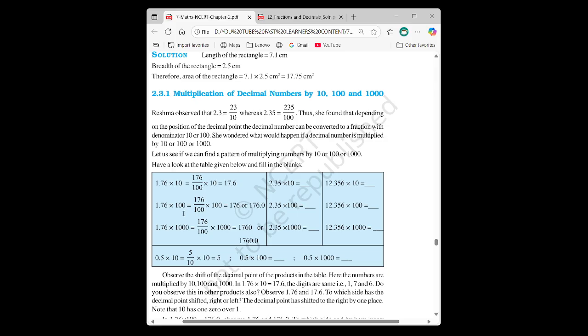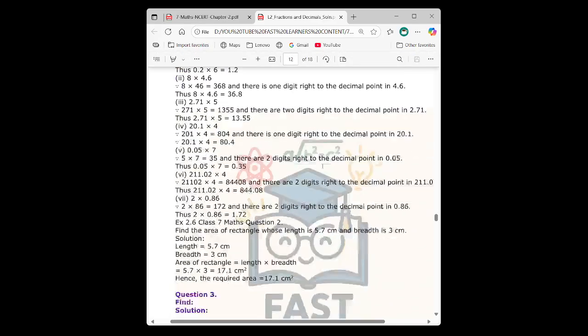If you have to multiply it with 2 zeros, 100, then you shift the decimal point 2 places. So here 1.76 will become 176.0. So whenever you have to multiply it with 10, 100 or 1000, you shift the decimal point on the right hand side. Let us see this in the next exercise.